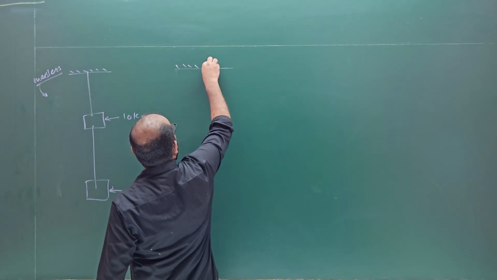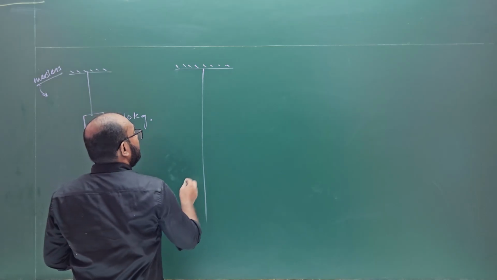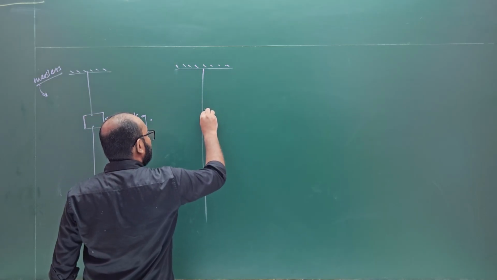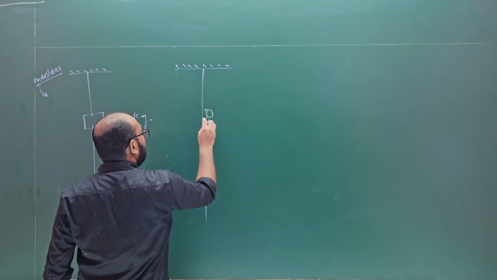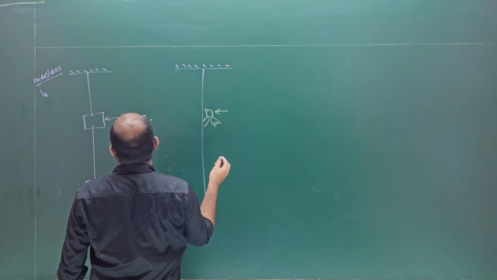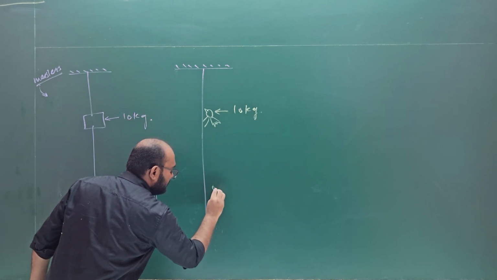Similarly, consider the same one like this. One more diagram, and this is one single string, and on this single string one bird is sitting here. This bird also has a mass of 10 kg. Similarly, one more bird is sitting here like this.